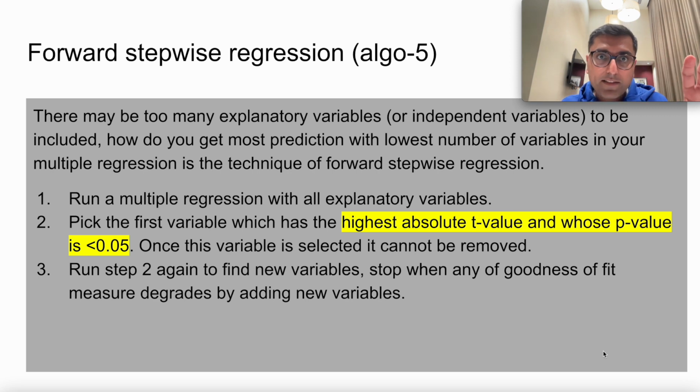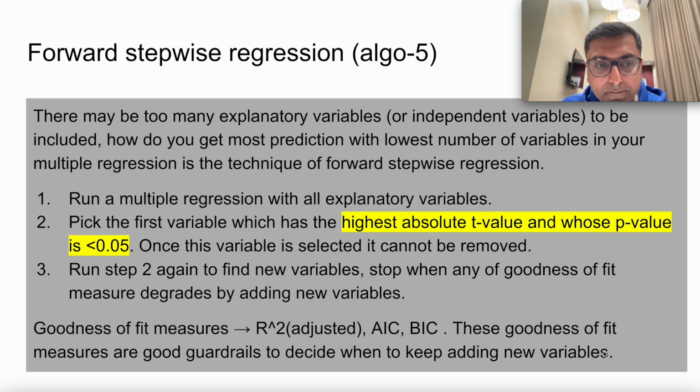So the first variable is there, and then the second variable is part of it. Then find out which of the combinations, variable 1 plus variable 2, variable 1 plus variable 3, variable 1 plus variable 4, has the highest t-value and is still significant. Then you add that second variable. And you keep adding variables until your p-value is no longer significant.